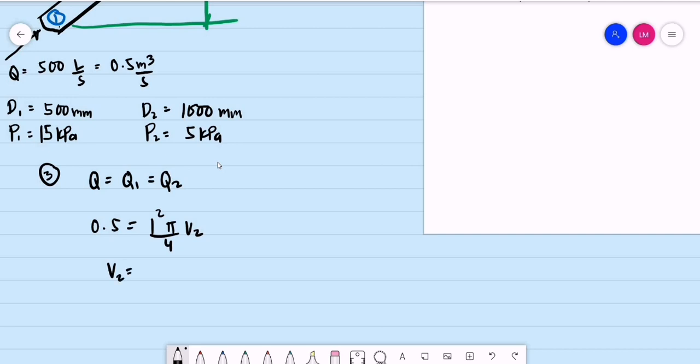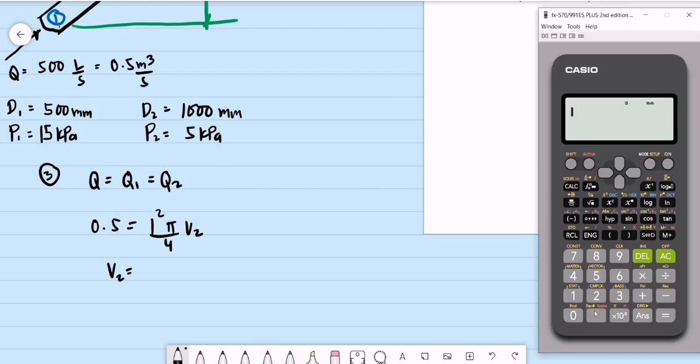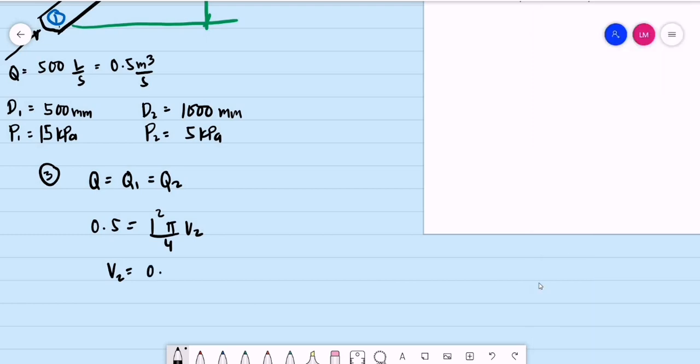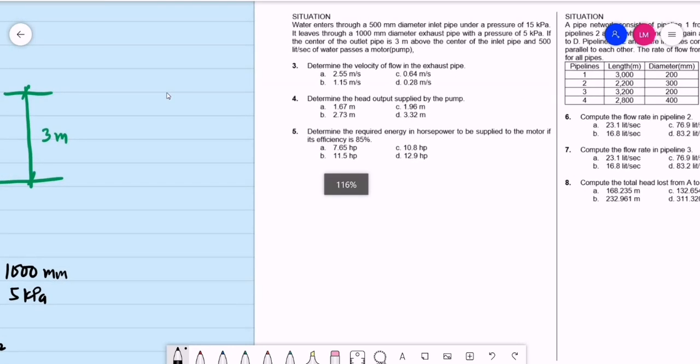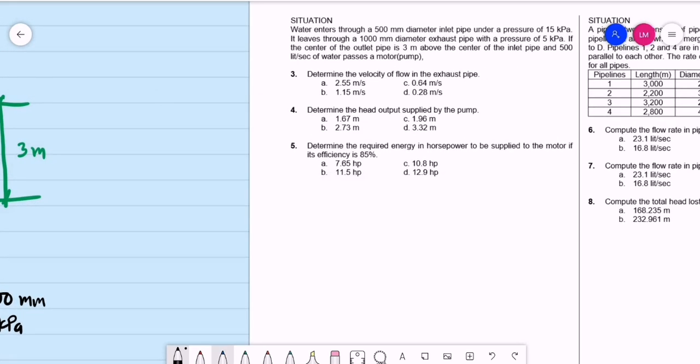So V sub 2 is equal to 0.5 times 4, 1 squared is 1, divided by pi. The velocity at point 2 is 0.6366, or 0.637 meters per second. In our choices, the nearest value for number 3 is letter C, 0.64. So that will be our answer for problem number 3.